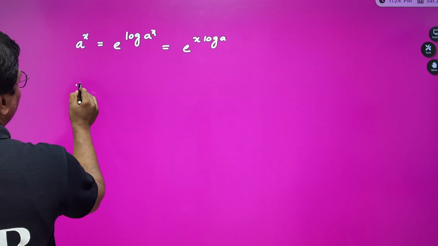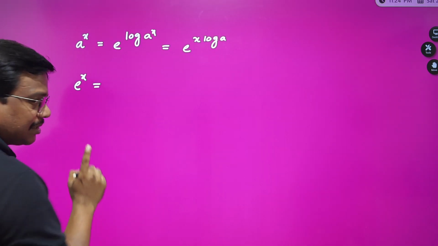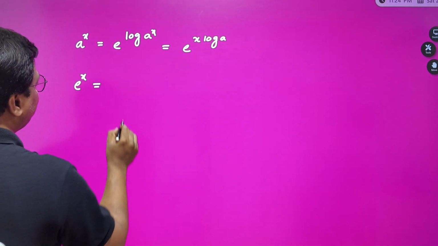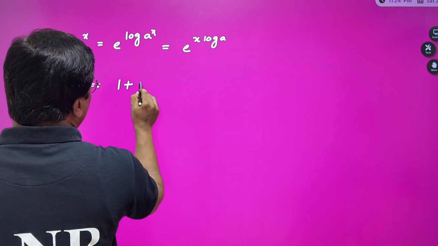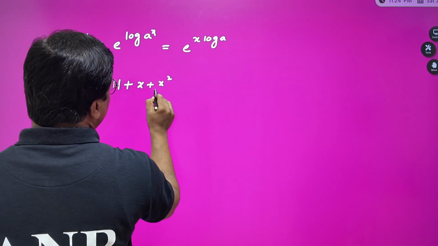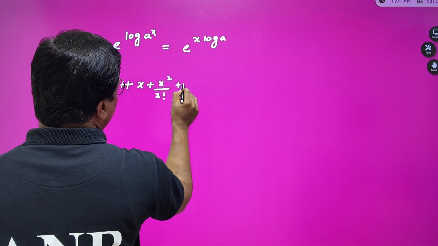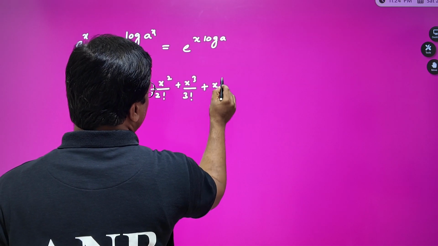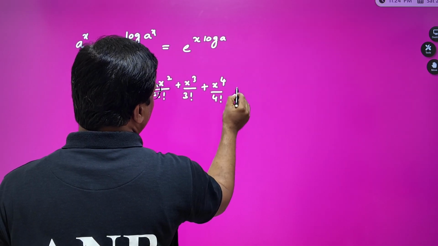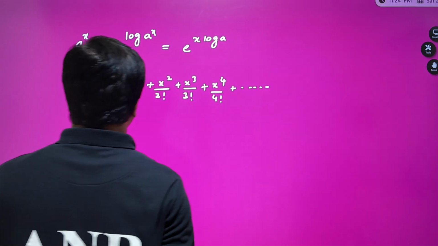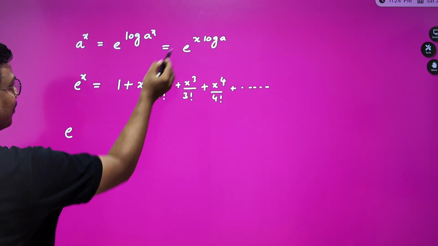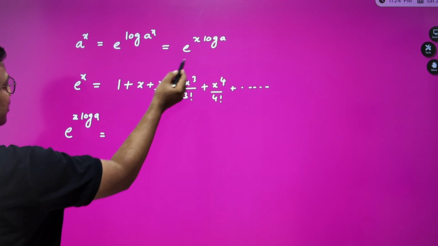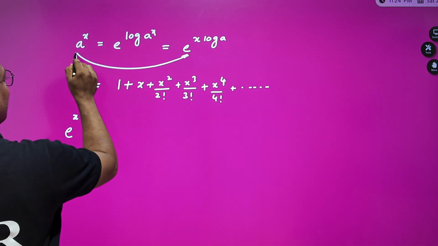We know the expansion of e power x. It is very simple compared to the remaining expansions. E power x expansion is 1 plus x plus x square by 2 factorial plus x cube by 3 factorial plus x power 4 by 4 factorial and so on. Now you have here e power x log a. This is the same as a power x.